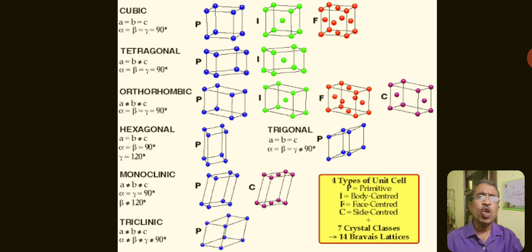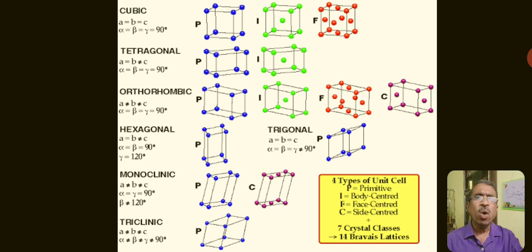So in the cubic system, we have 3 types: primitive cubic, body centered cubic, and face centered cubic. In tetragonal, we have 2 types, primitive or simple tetragonal, and body centered tetragonal.